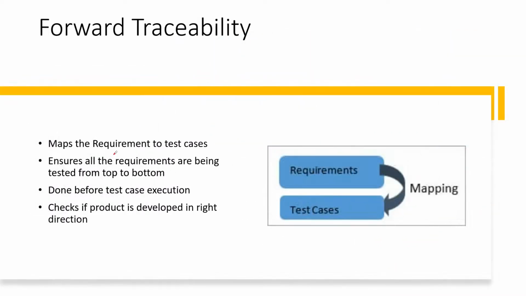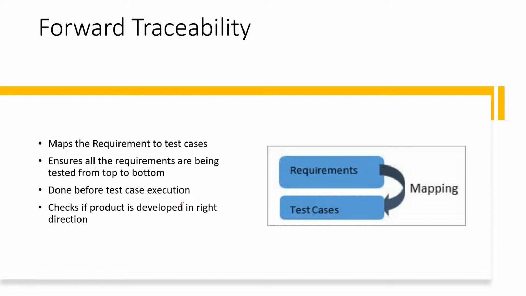Forward traceability maps the requirement to the test cases. It ensures all the requirements are being tested, from first to last. It is always done before test case execution.